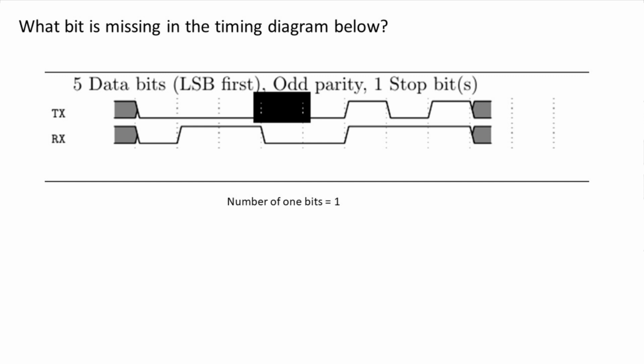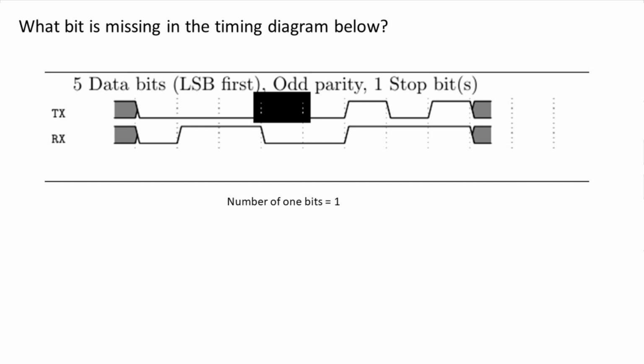And then this is a question on UART. What bit is missing in the diagram below? This one also, we didn't get to UART, so you should have got credit for this one. This one is odd parity. Odd parity means there should be an odd number of 1 bits between the start and the stop bits.